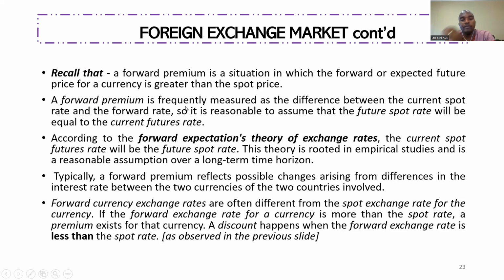A forward premium is frequently measured as the difference between the current spot rate and the forward rate. So it is reasonable to assume that the future spot rate will be equal to the current futures rate. So there's a futures market, which is a derivative market for the currency market. Just like any other commodity, currencies also have futures and options.